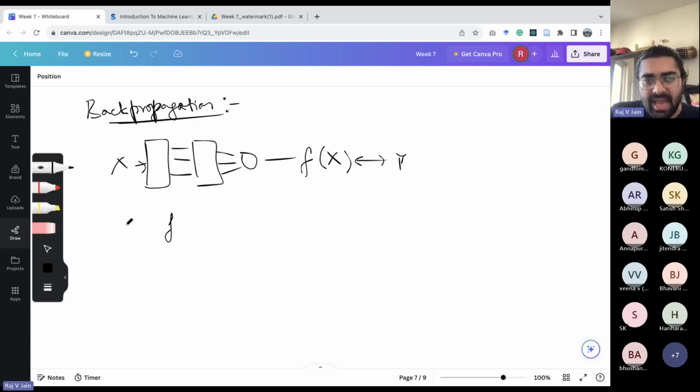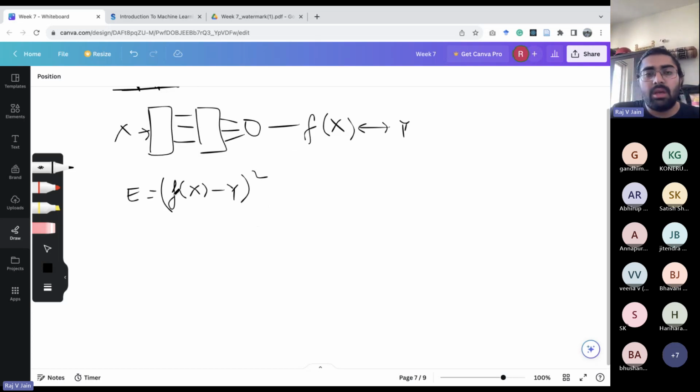So we define the error in some way. Error is basically (f of x minus y) squared, let's say we're talking about regression. Now, the output f that you got depends upon the weights and biases of this network. So in general I will call all the weights and biases w. Let's say I have w here.